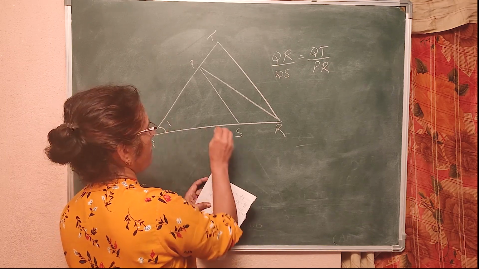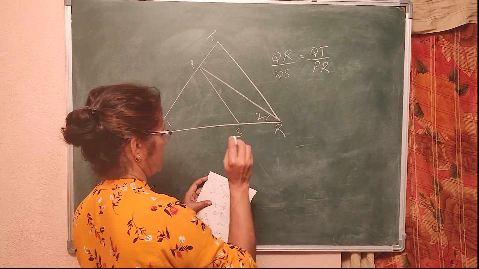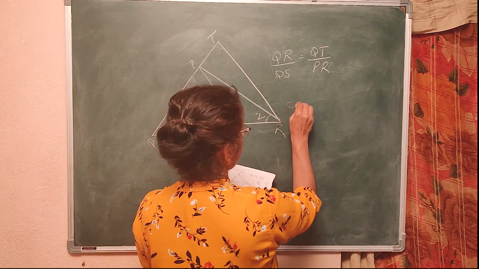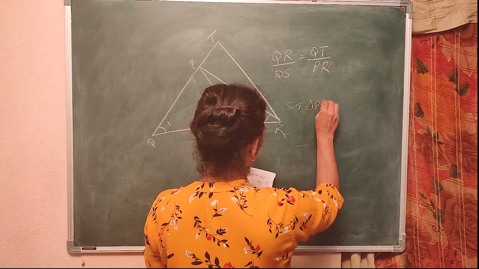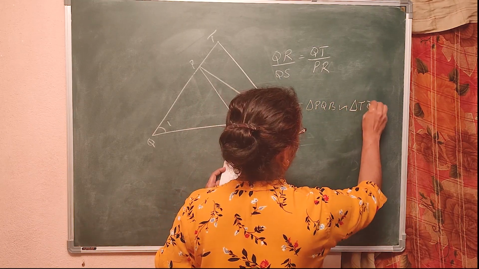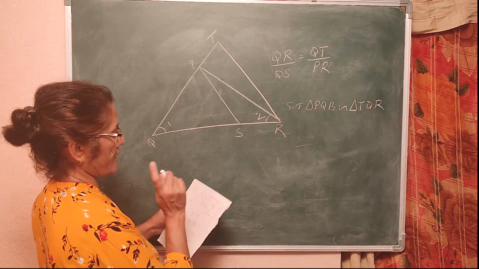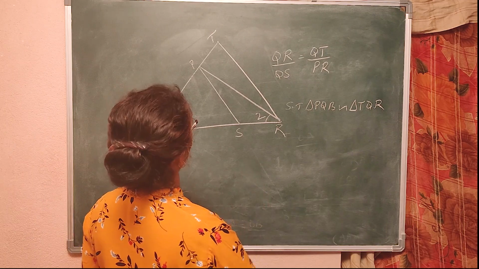This is angle 1 and this is angle 2. Show that triangle PQS is similar to triangle TQR.